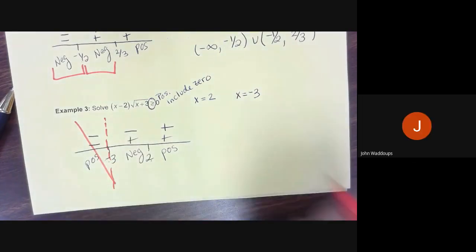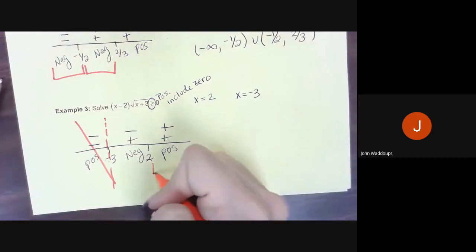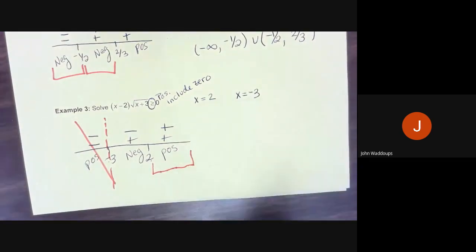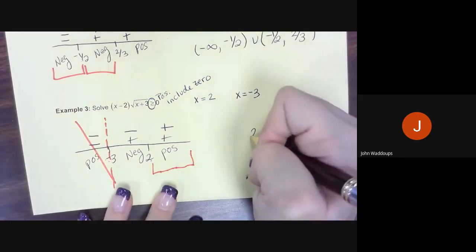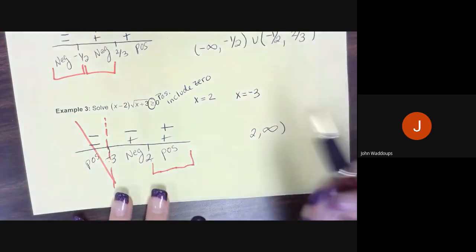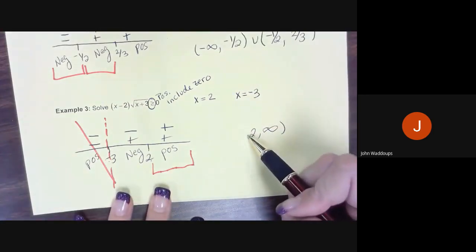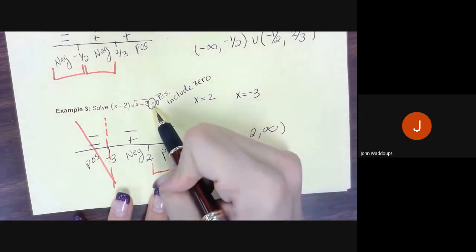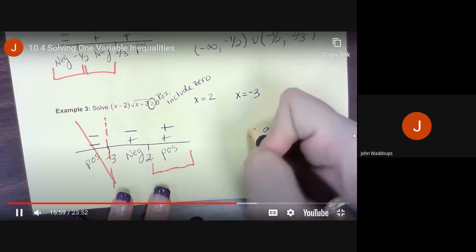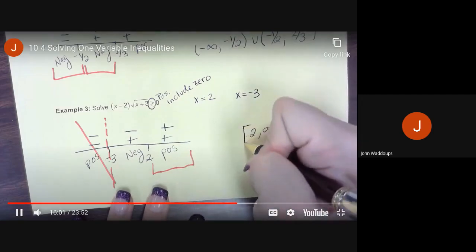Now, look at this and we say positive. Well, our only positive value is here. So the interval I want is from 2 to infinity. Do you guys see how I did not put anything right there yet? Because it's equal to. So equal to, since we're including 0, is going to be bracket.